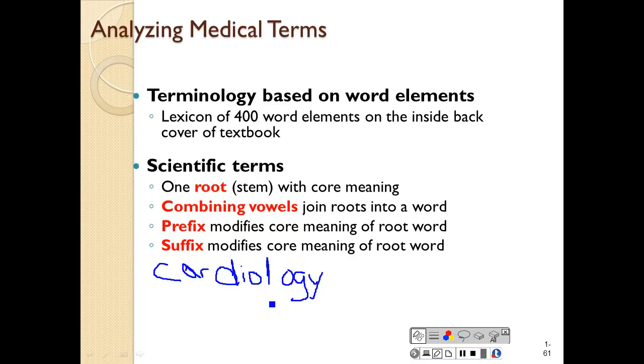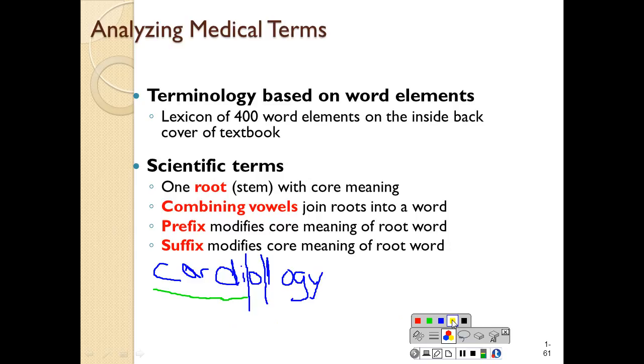Alright, so when we look at cardiology, it has a root word. Here's our root word.